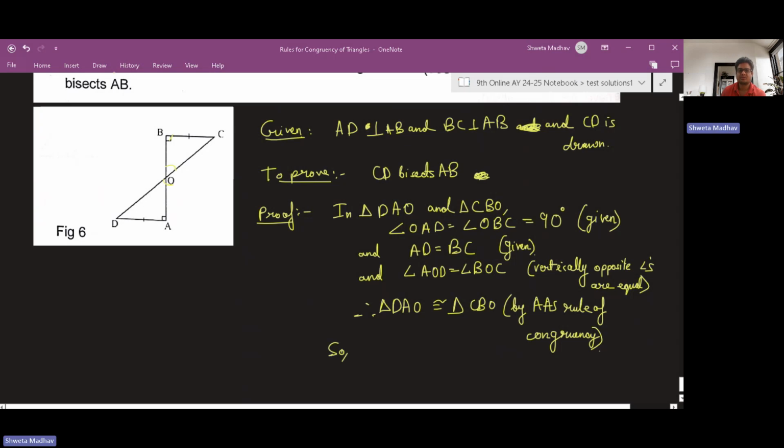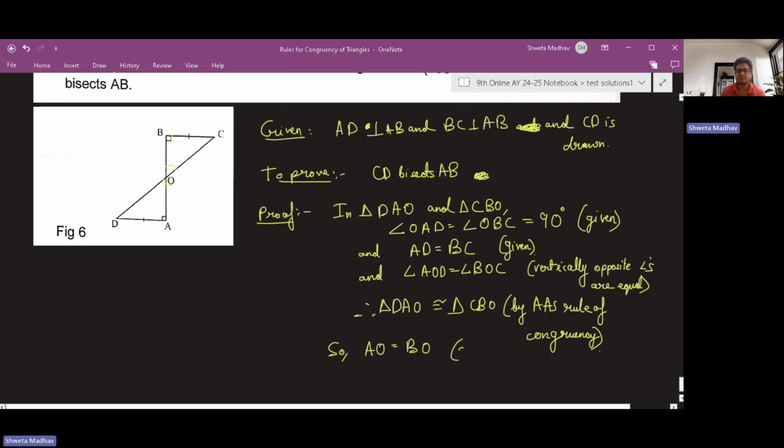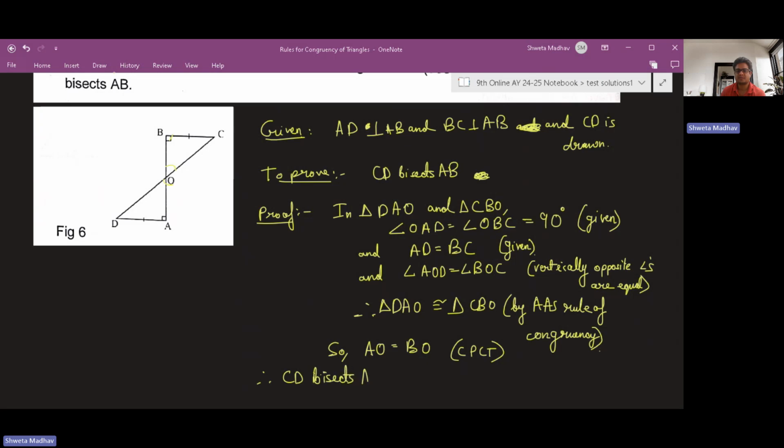So obviously AO will be equal to BO by CPCT. Since AO is equal to BO, we can say that the line CD bisects AB.